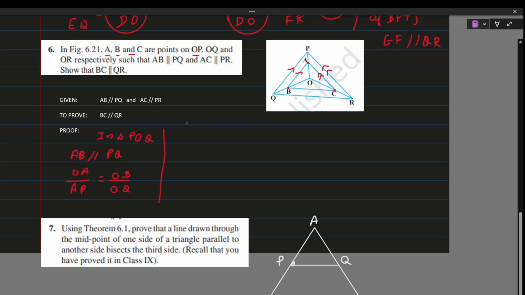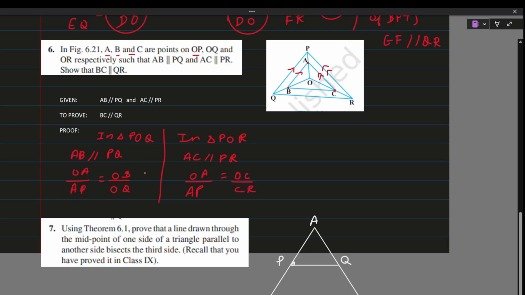Now in triangle POR, it's given that AC is parallel to PR. From here, we can say that OA by AP will be equal to OC by CR.